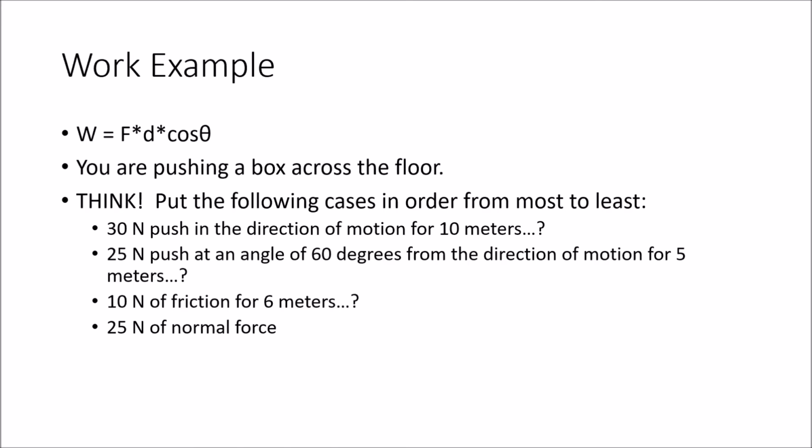So if you are pushing something across an object like that, and the push is therefore that way, and the direction of the friction is that way, well, the angle between the force and the friction is 180 degrees.